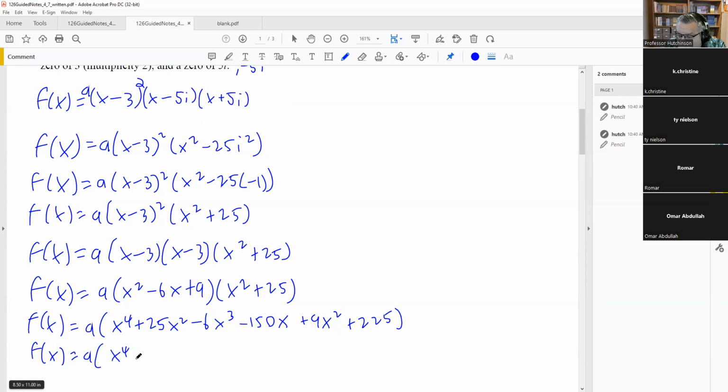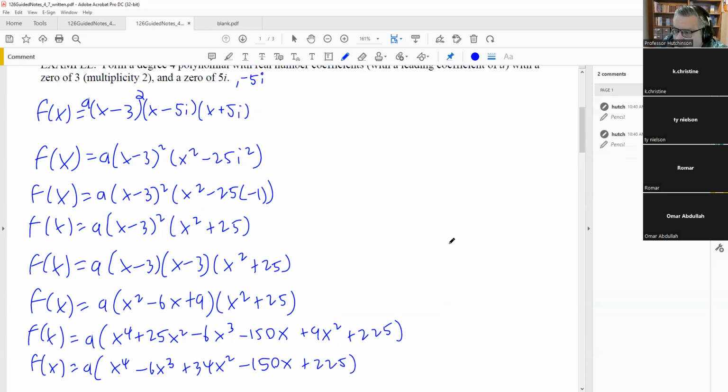We want to put them in order from highest to lowest power. So minus 6x cubed we have there. 25 and 9 is going to give you 34. So plus 34x squared. And then I have a minus 150x that doesn't belong with anything else, and then I have the 225. So that right there would be the answer on that.